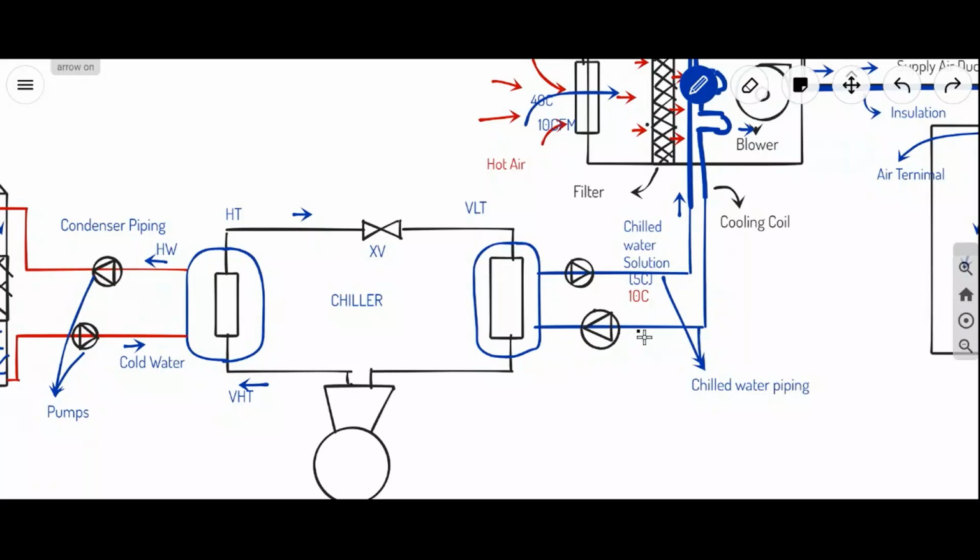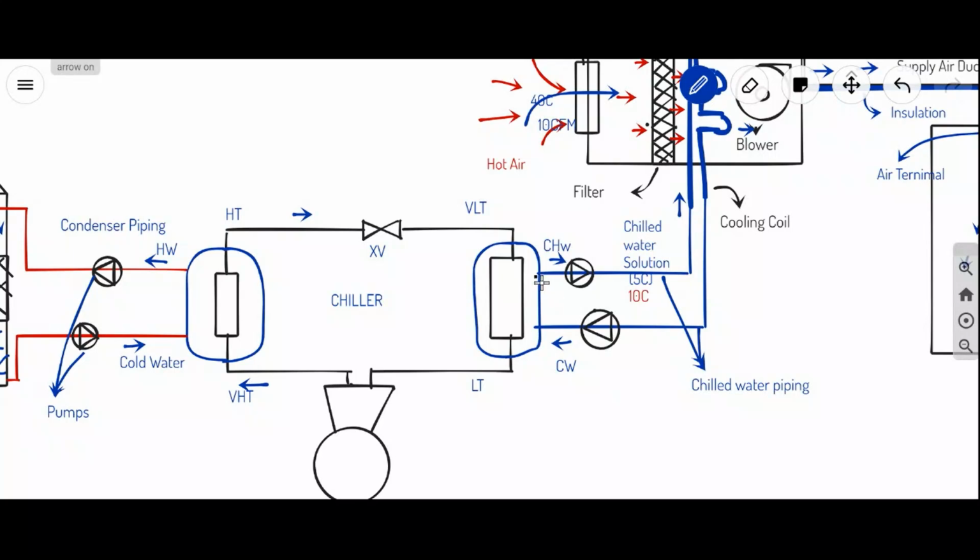Whenever we switch on the pump, this water will enter the evaporator. Heat exchange takes place, and the water will become chilled water of 5 or 10 degrees centigrade. Here, the heat in the water is being absorbed by the refrigerant.